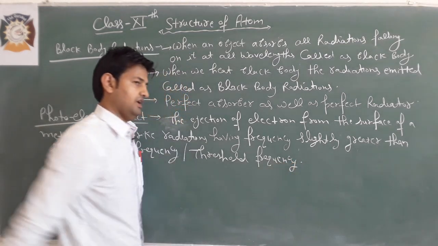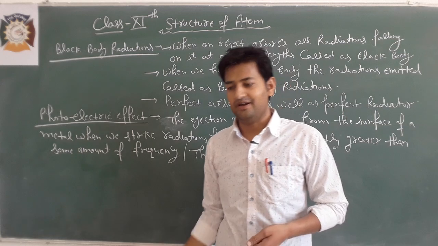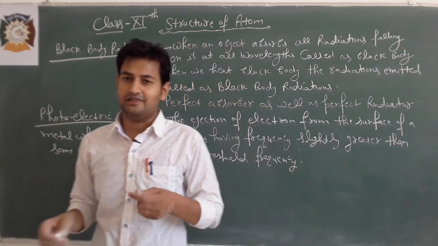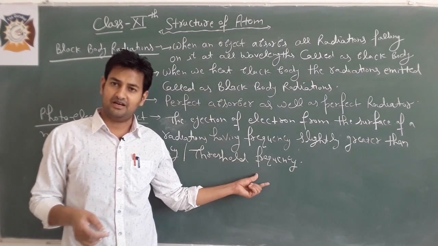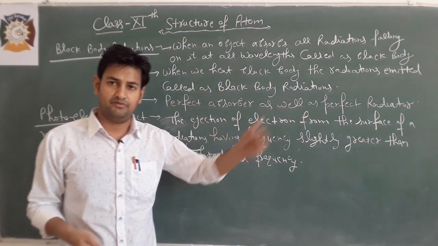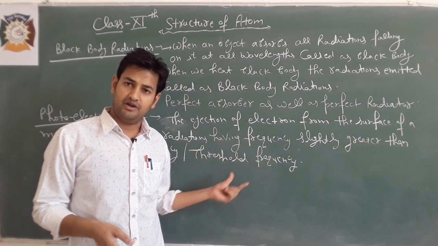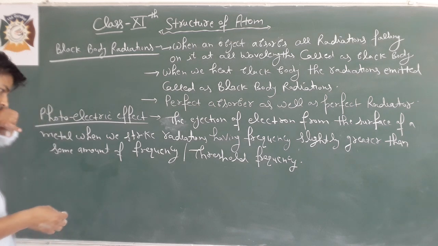Threshold frequency is that frequency below which, if we apply radiations having frequency less than the threshold frequency, then electrons will not be ejected from the surface of the metal until we apply a frequency greater than the threshold frequency.